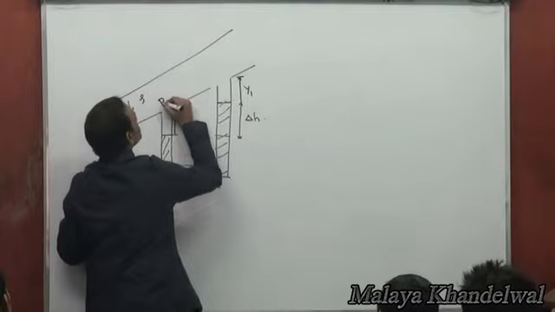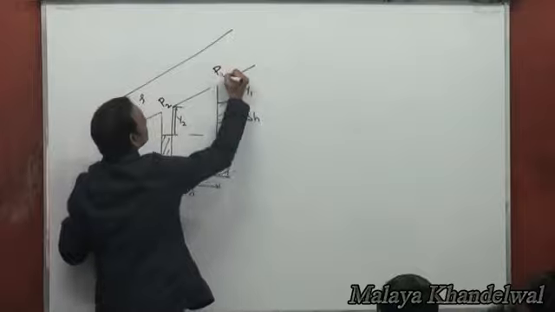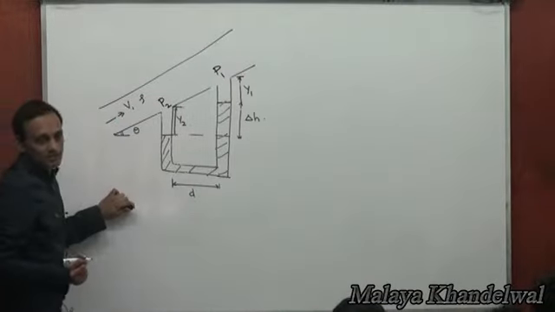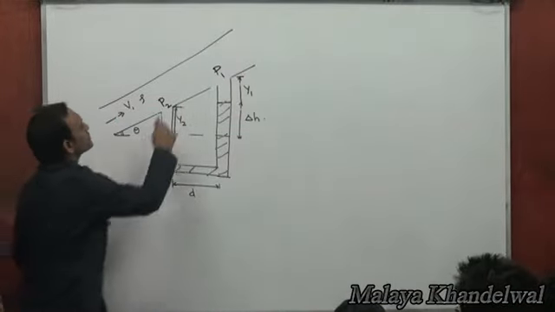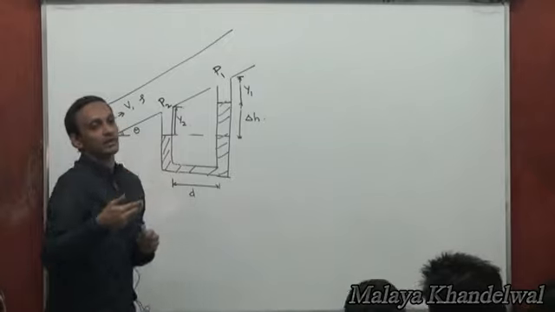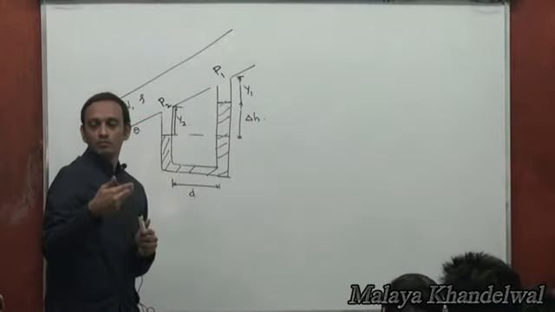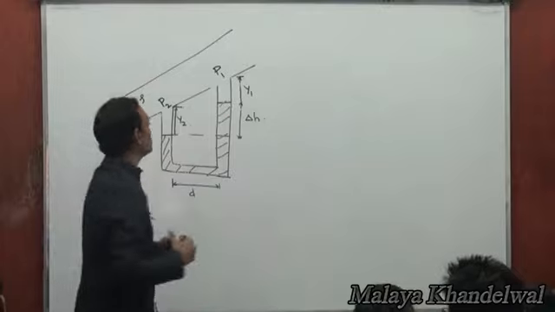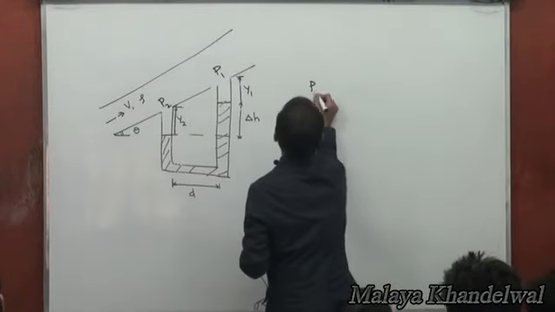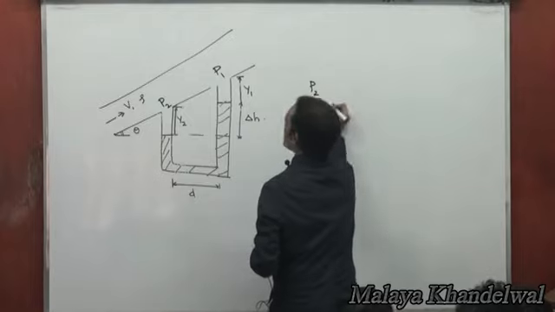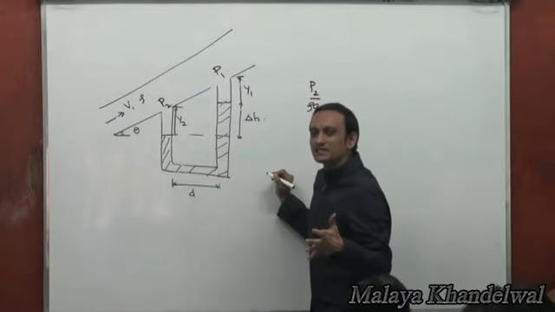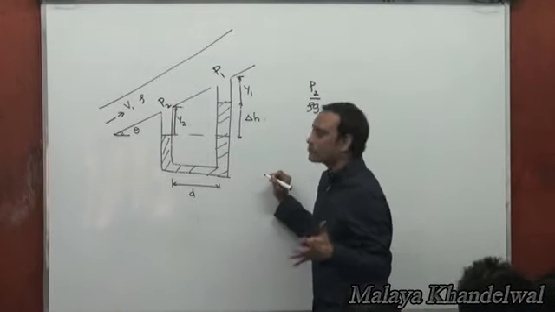In any case, say if this was P2 and this was P1, then between these 2 points I could apply Bernoulli's theorem. So P2 by rho g plus v squared by 2g will get cancelled from both sides. Don't care about that, right?